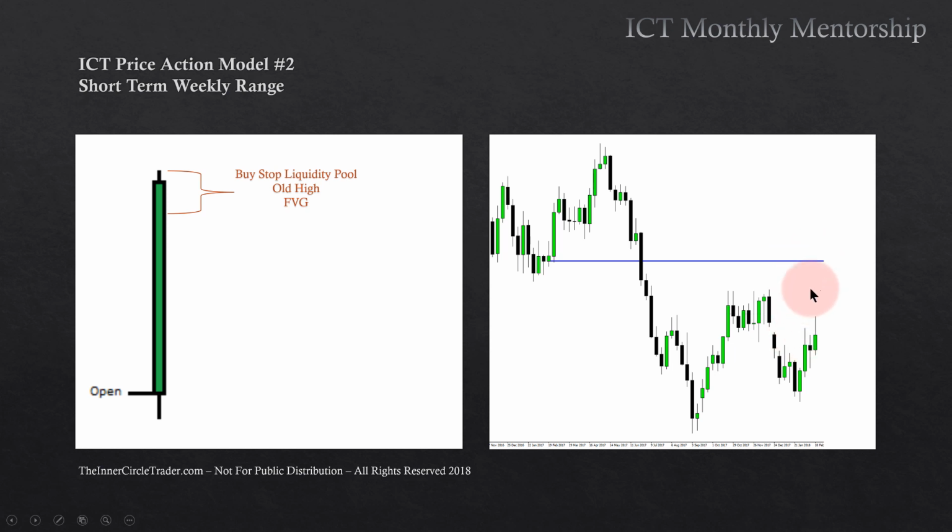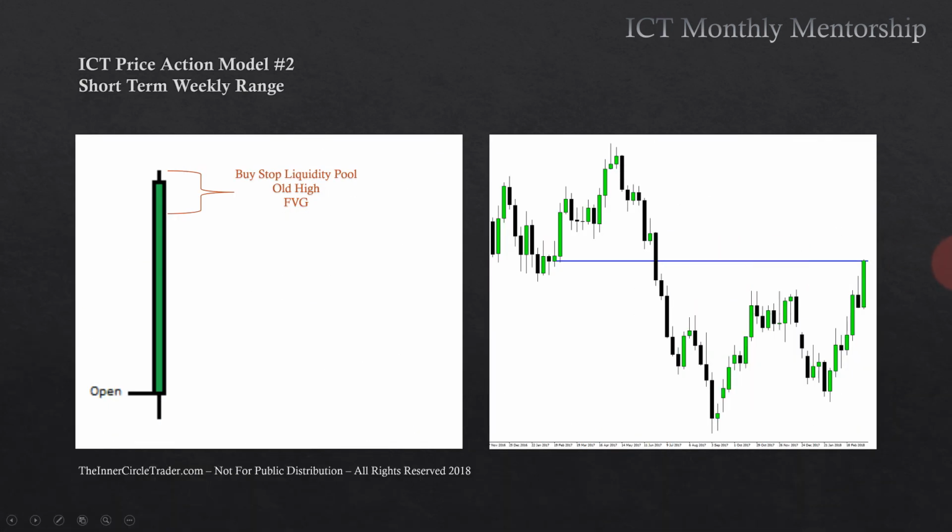Okay, so in other words, if this is a weekly chart here, say we've aimed at this one and price eventually gets up there, so our buy stop liquidity pool, or old high, or in this case an old low, or a breaker, because that's what this represents, we could trade up into that level and anticipate again some weakness to come into the marketplace. But how do you go in and gingerly get in there and try to sell short? Well, you have to wait for certain things, and we're going to talk about that now.